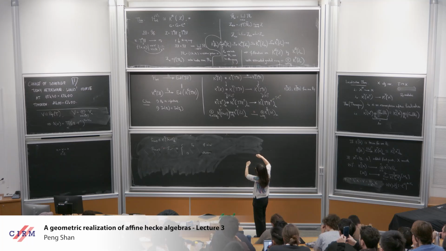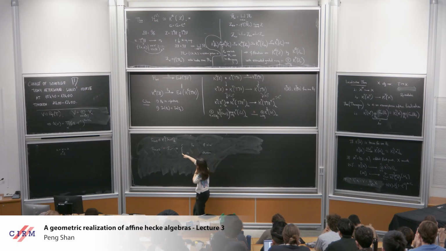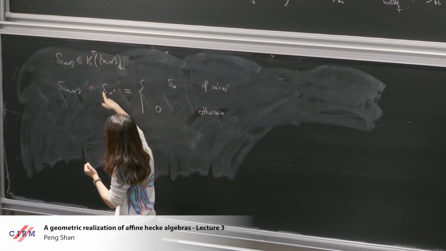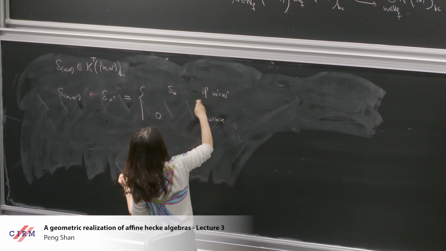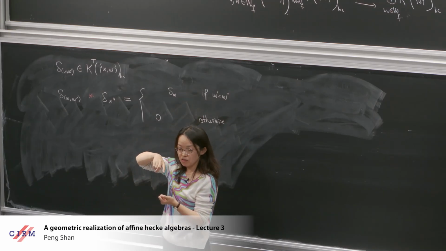You pull them back to three copies of T star of the flag. And what is happening here is that when you're doing the tensor product, you're doing it at the point W prime inside the cotangent of the flag variety.